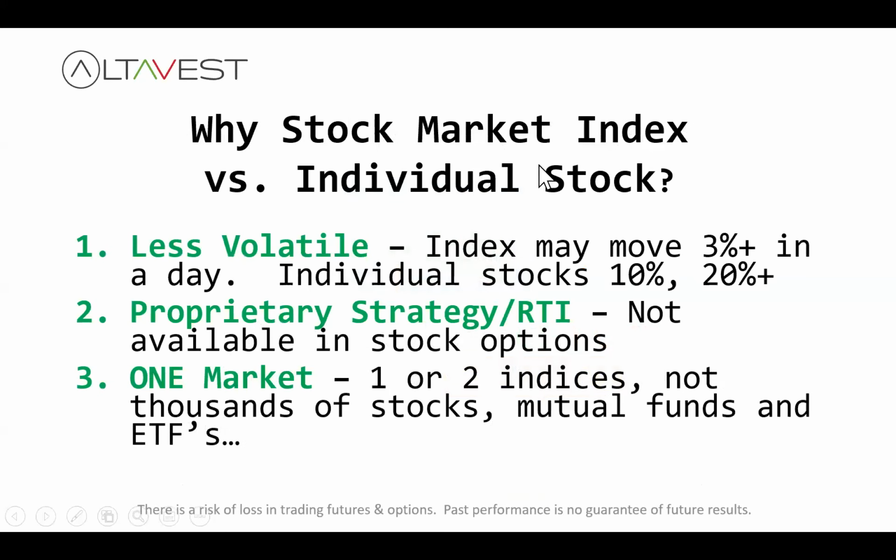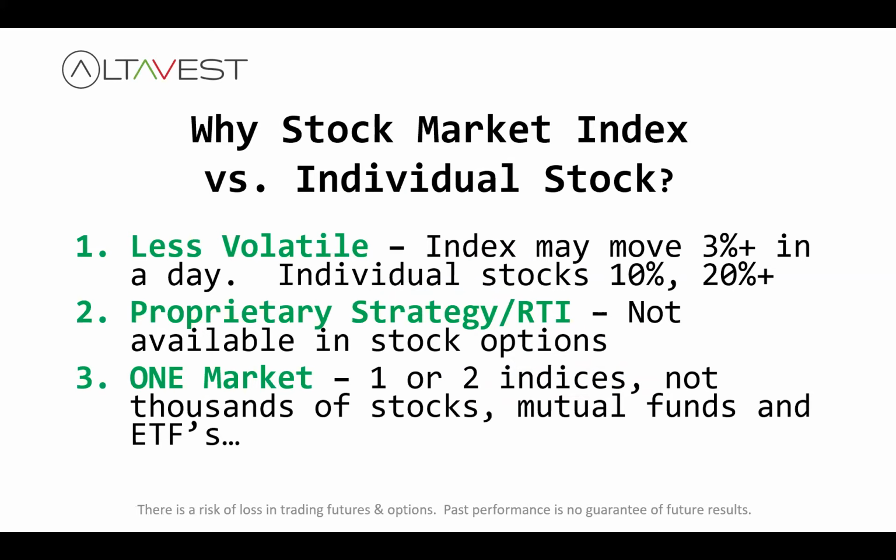But just real quickly, why do we only look at an index and not individual stocks? Well, number 1, an index is always less volatile. And number 2, we have a proprietary strategy that only applies to an index. And number 3, why not follow one market or 2 or 3 and not, I think it's 6,800 securities.